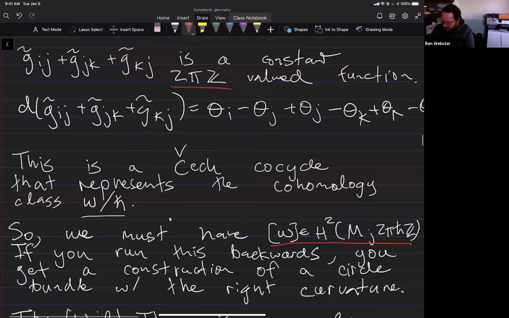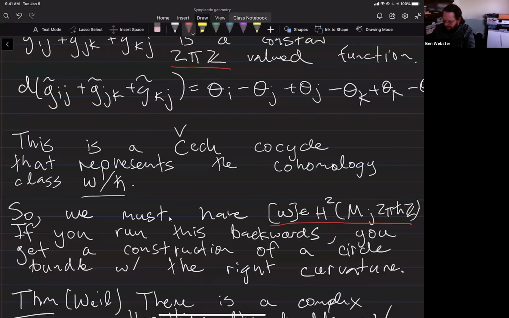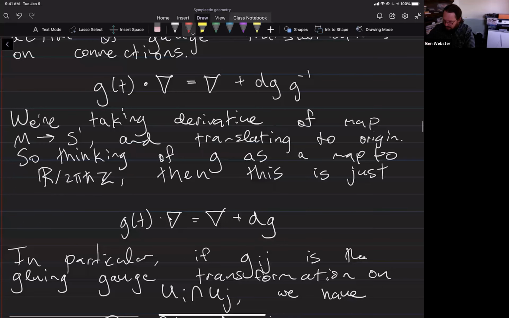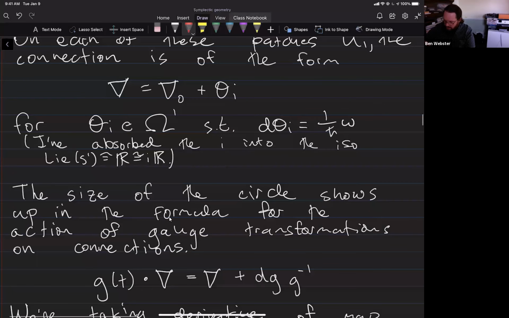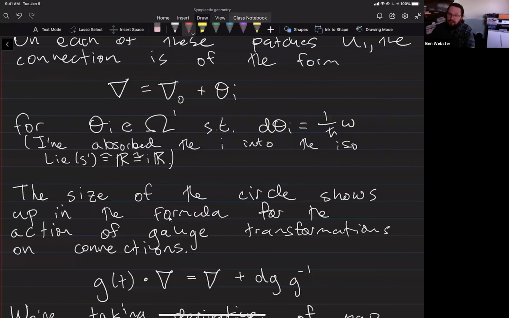And furthermore, if you think about this construction carefully, you can actually run this backwards: start with omega, and construct a circle bundle which has the right curvature. Right? You can start with omega, you can locally write it in terms of these thetas.